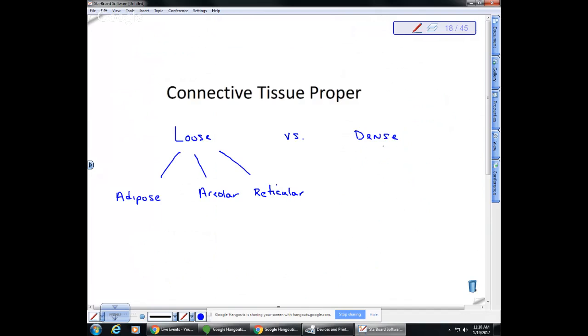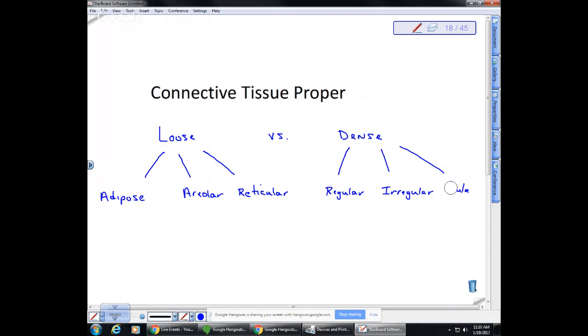Okay. Dense, we have regular versus irregular, and then also elastic. So we have dense regular connective tissue, irregular, and elastic.